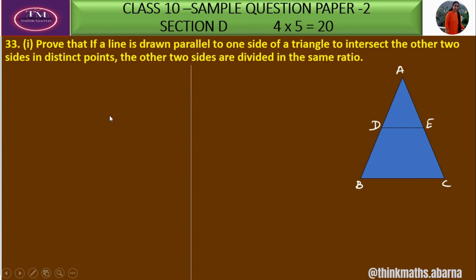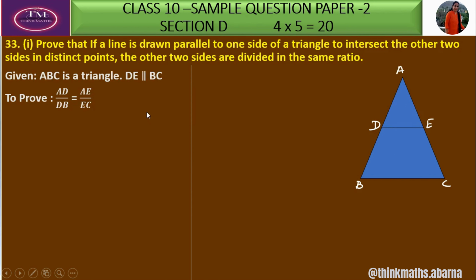So let us start the proof. What is given? ABC is a triangle, DE parallel to BC. What we have to prove is AD by DB is equal to AE by EC. For this, we are going to construct. What we have to construct is to join BE and CD. Then we have to draw a perpendicular to AE and a perpendicular to AD.